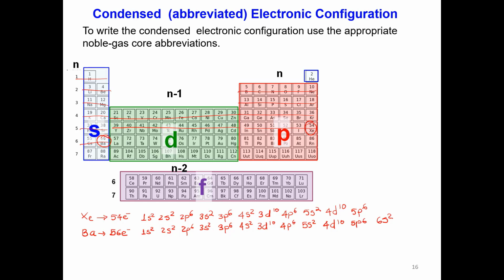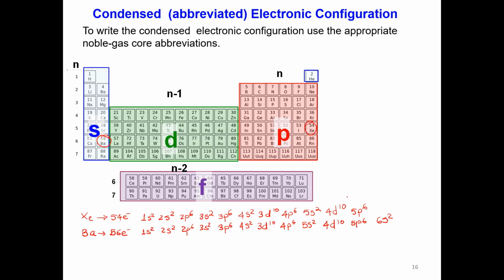And what we can notice if we compare these two electronic configurations is they are almost the same. Yes, the first part of the barium configuration corresponds to the xenon configuration.